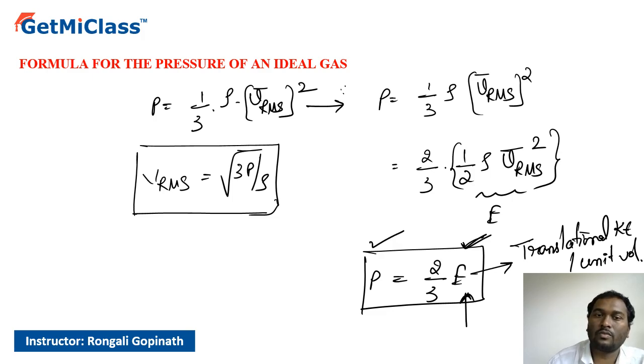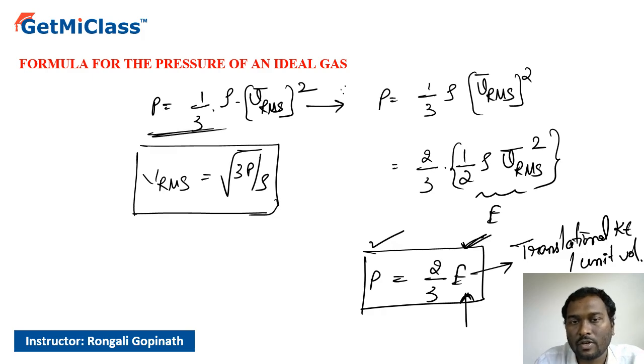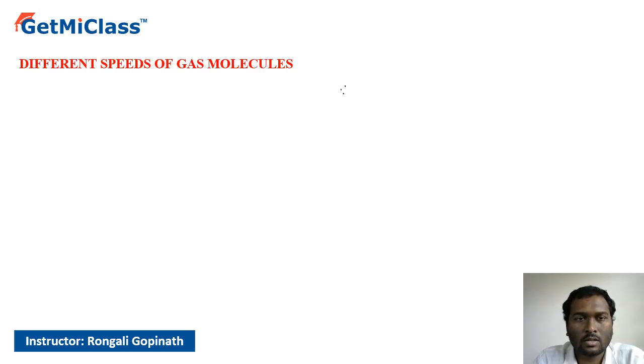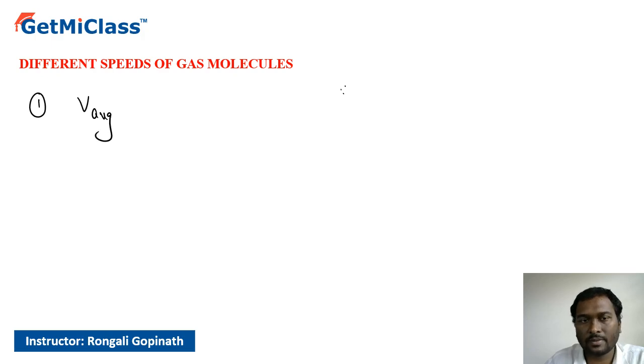This is how we have derived the formula for pressure and its relationship with velocity as well as density of the gas. Right? The next concept we have is different speeds of gas molecules. We have three important speeds that we have to learn about. The first one is called average speed.